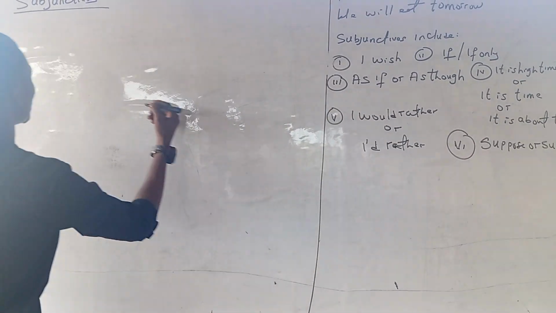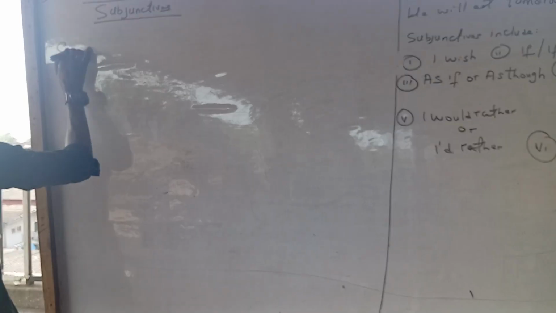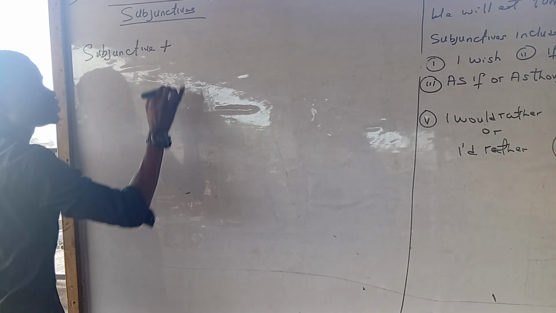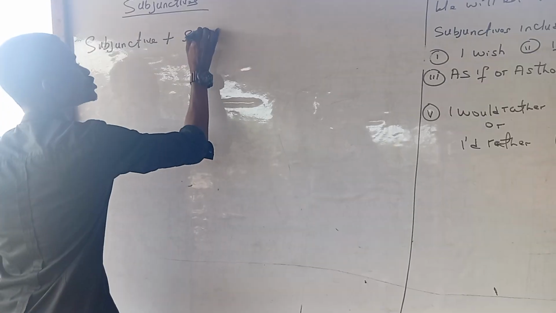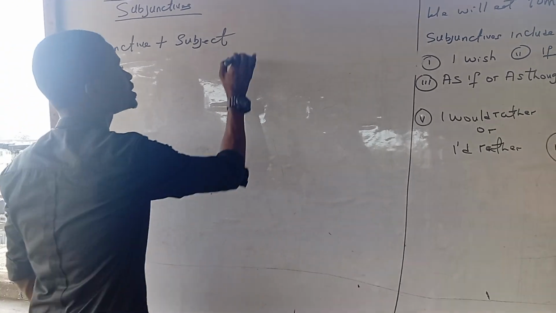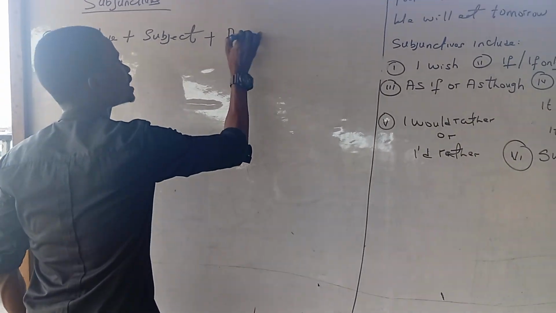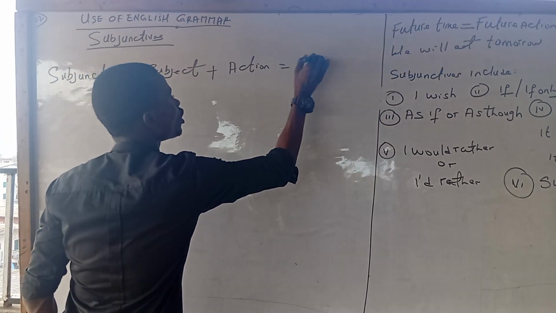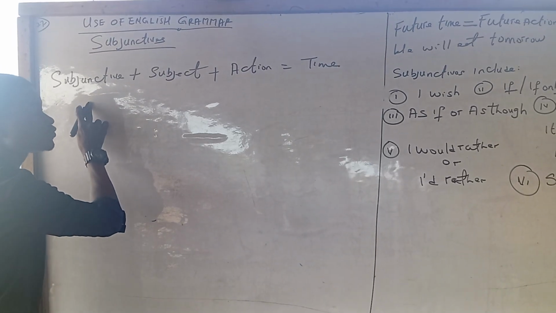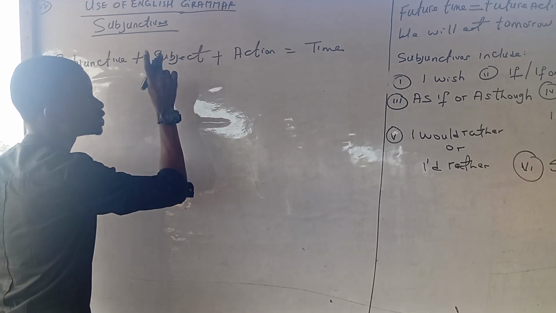And what do we use now? So we can now say subjunctives must be followed with subjects. And once it's followed with a subject, there is an action that will give us the time. So when you have subjunctive, it should follow the subject.